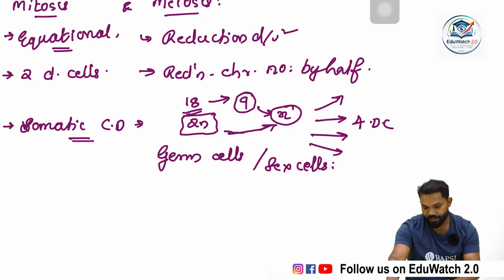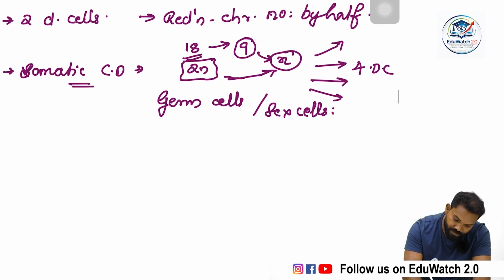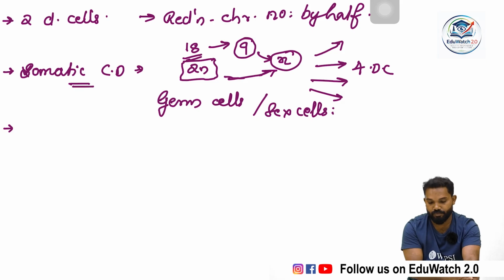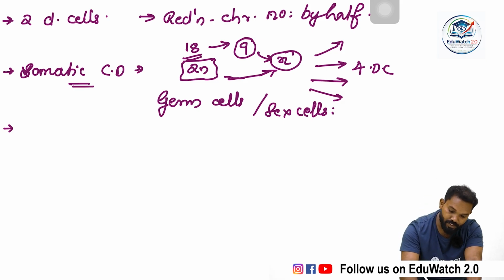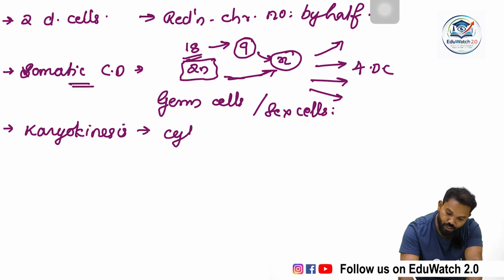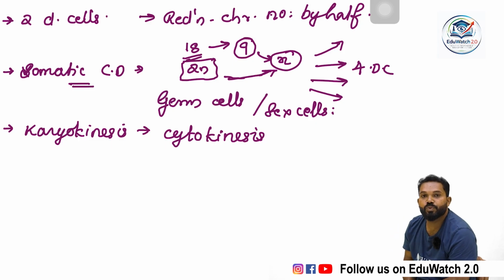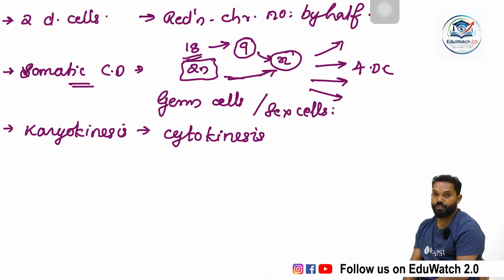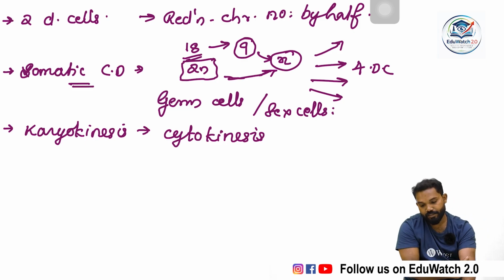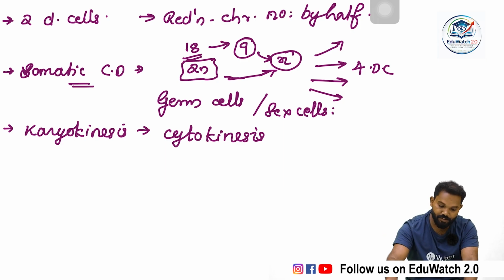In mitosis or meiosis, there are two types of division: first karyokinesis, and next cytokinesis. Whether it is mitosis or meiosis, it is completed by karyokinesis and cytokinesis. The first process is karyokinesis, the next is cytokinesis.